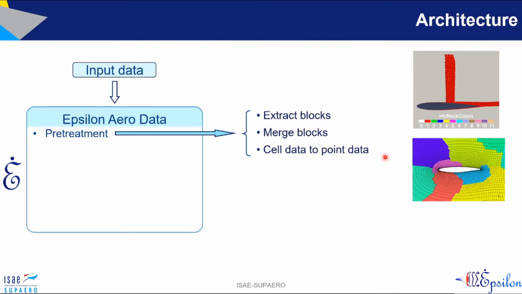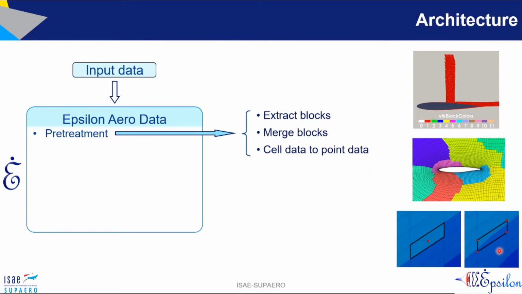And afterward, we perform a cell data to point data operation, because basically ParaView is a point-based approach. If you are using cell-based simulation, this information will be converted to point data information. This will have some impact on accuracy. We'll see later on.